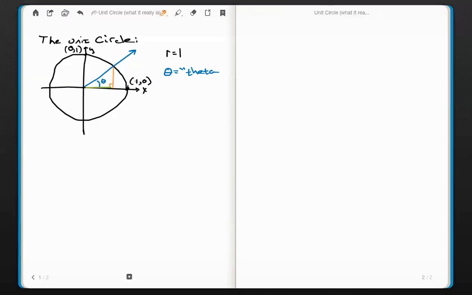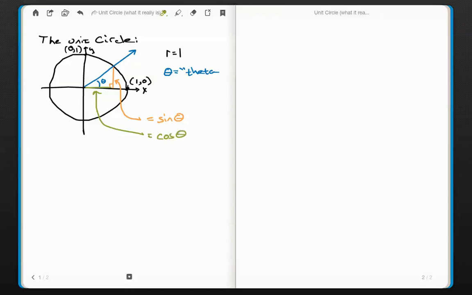So now, our new definition of the sine and cosine, we can draw this little leg here. The length of that is the sine of theta, and the length of this one here is the cosine of theta.